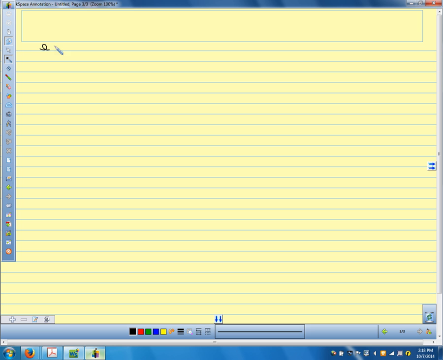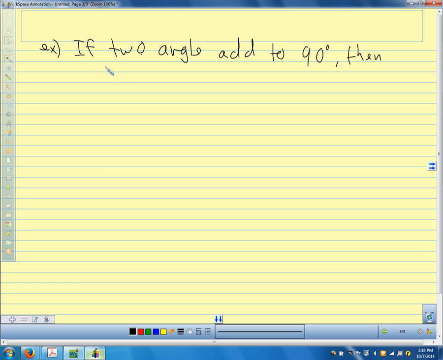So here's my example. Here's my conditional statement. If two angles, and we're talking about their measures here, add to 90 degrees, then they are complementary.